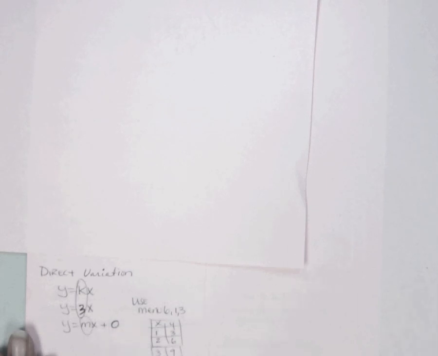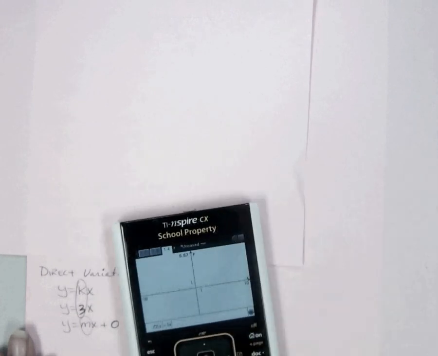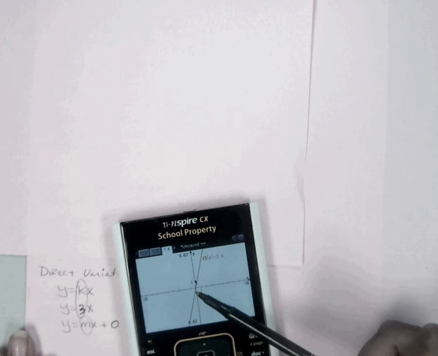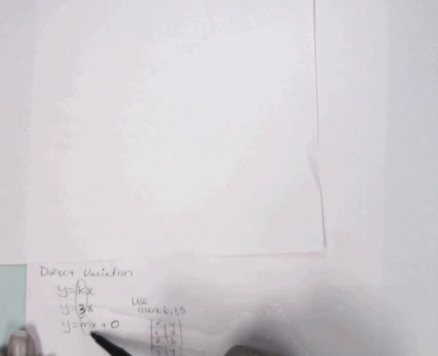Because it goes through the origin. For instance, if I just type in 3x and press enter, look, straight through the origin. Any problem that you put in and it goes through the origin, any linear equation, it's a direct variation. Okay? Remember, k is m. M is k. K is slope.